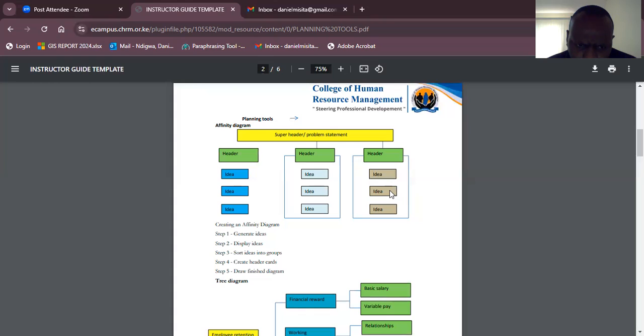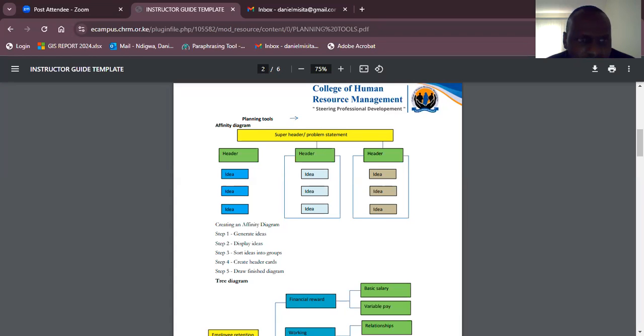Once you group those ideas or you sort them together, then you can create what is called a header card. So every idea should have a header so that you understand each idea with its specific header card. Then lastly, you can draw and finish the diagram as it's drawn here. You can see that this diagram is drawn.